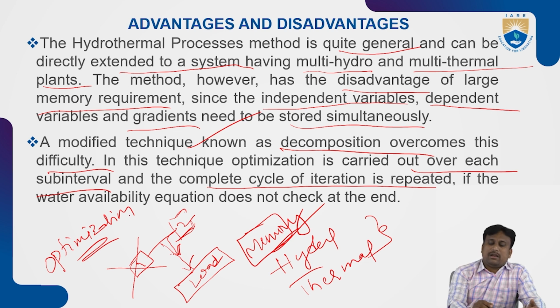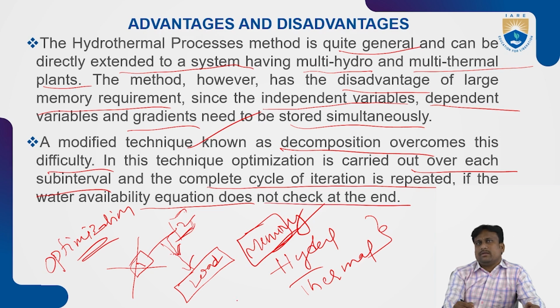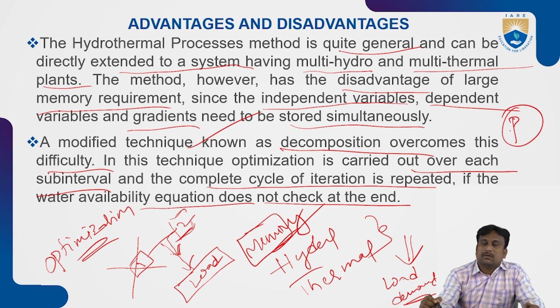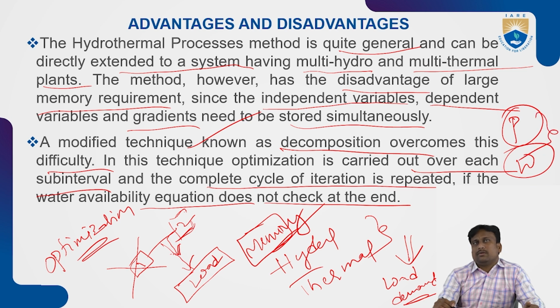If the water availability equation is not checked at the end, then we cannot meet the load demand. We need to check the power balancing equation and water availability. These two are much more important. With these two factors only, you can reach the requirement of the load.